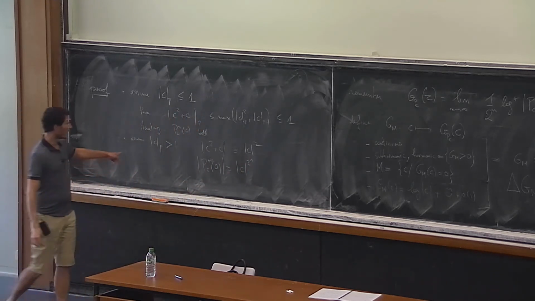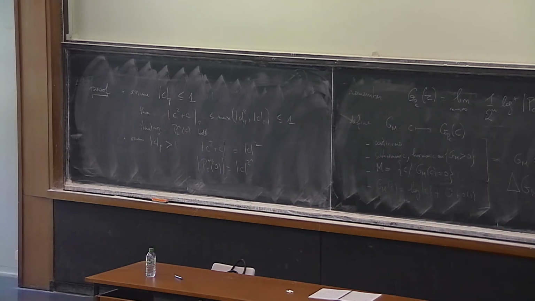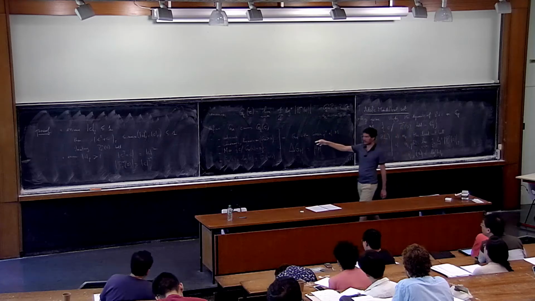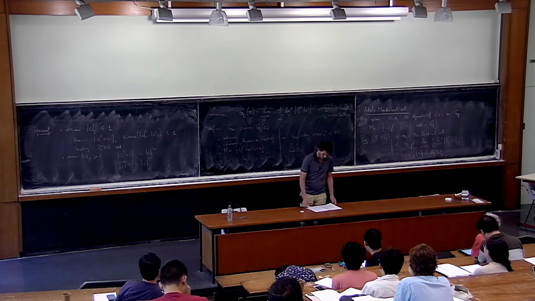So it proves the first item: when c is less than 1, it is bounded; when it is bigger than 1, it is unbounded. And also the second one, because if you take 1 over 2 to the n log of this, you go to log plus of c. So it proves the two items.